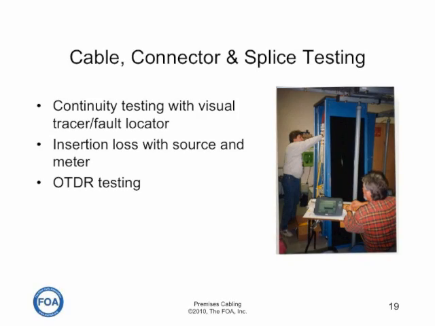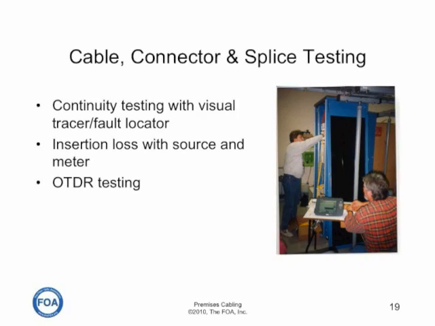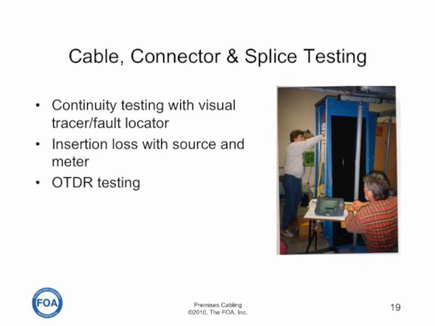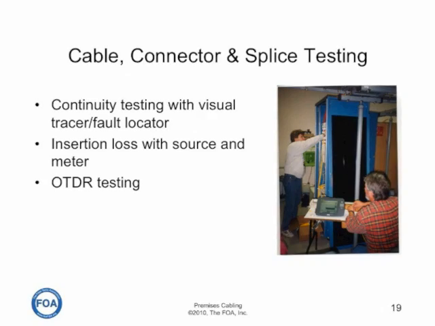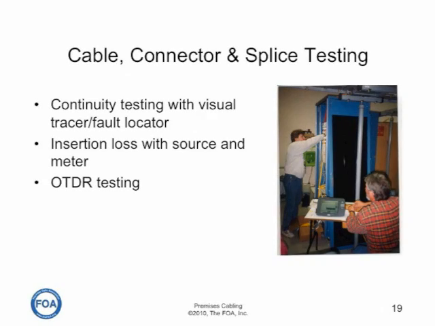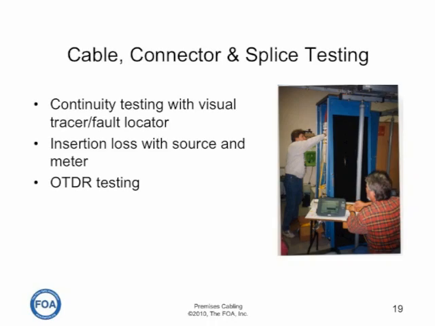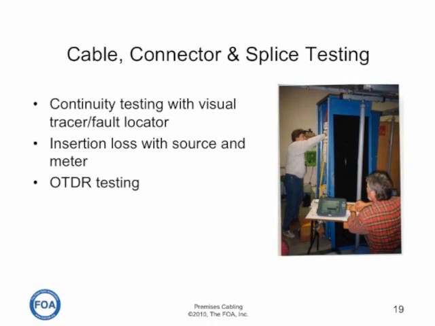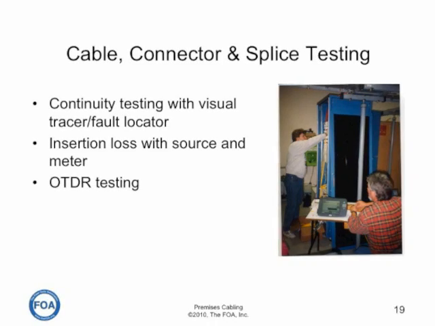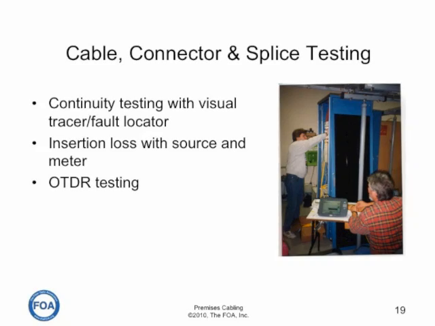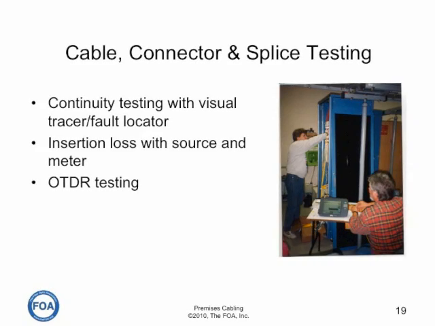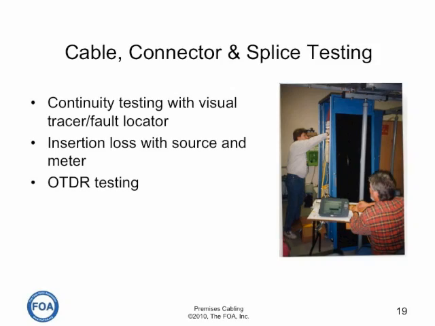Once a fiber optic cable plant has been installed, it must be tested. Testing starts with continuity testing with a visual tracer or fault locator, which ensures that the cable is continuous and makes sure that the cable has the proper connections. It's really polarity testing, making sure that a transmitter will be connected to a receiver.